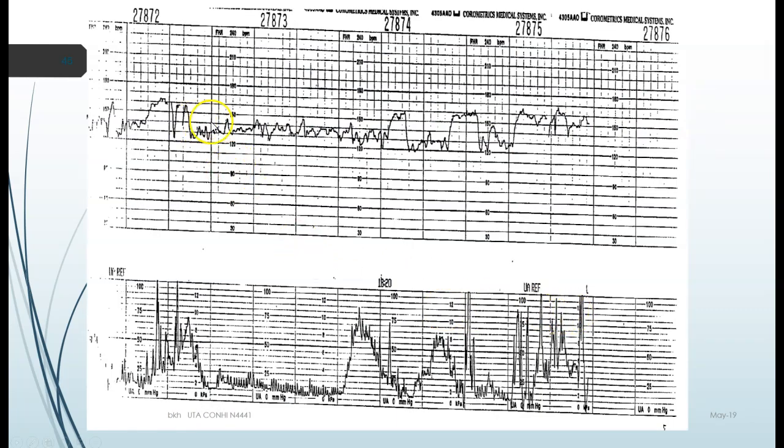So here's a picture of a strip. Here's the 120 line right here, 130, there's the 140, there's the 150. So where is it hanging out most of the time? In between the contractions, it's hanging out most of the time right through here. So I would probably call that 135.